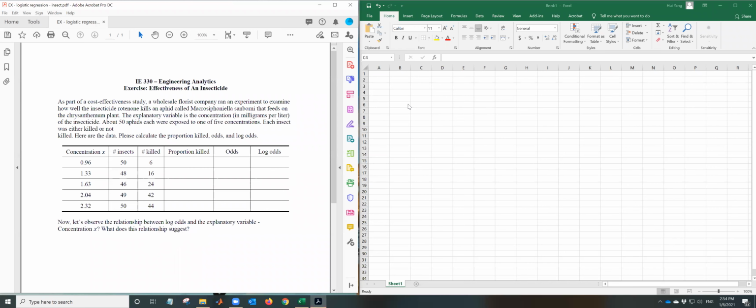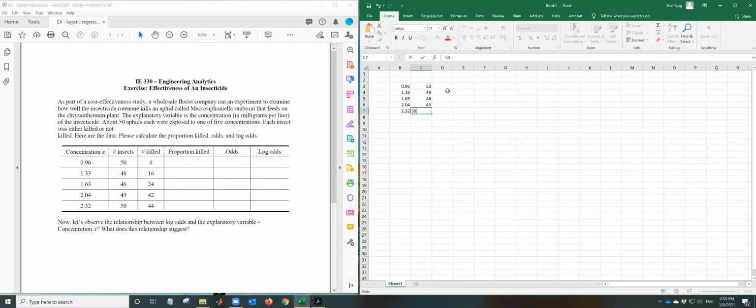Now let's do it. Now this one we can do with Excel. I have already put Excel over here. So we have 0.96, 1.33, 1.63, 2.04, 2.32, and then we have 50 insects, 48, 46, 49, and 50.